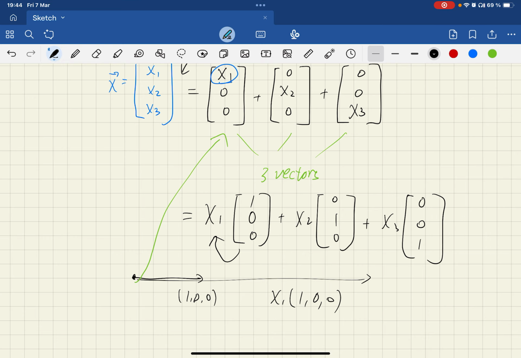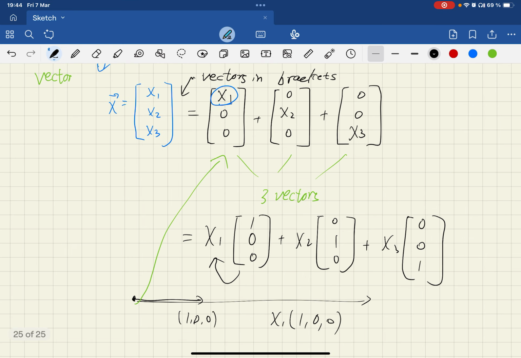And then compare the form that we get. Clearly, we have three vectors, (1, 0, 0), (0, 1, 0), (0, 0, 1). And for each vector, we stretch them by x1 times, x2 times, x3 times, and then add them together to get our x.